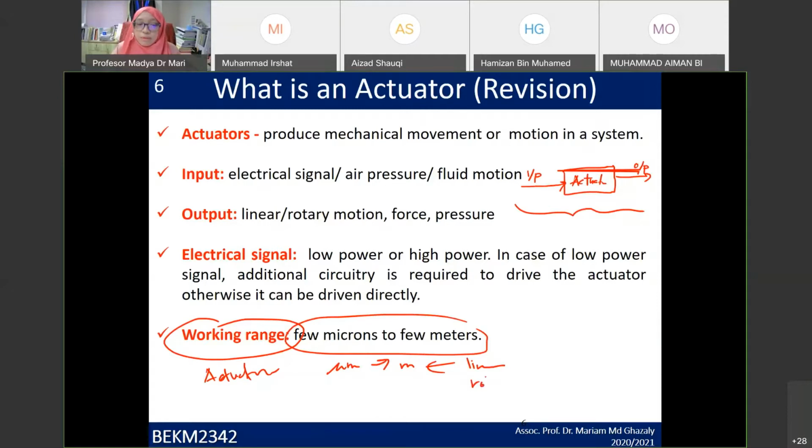If you want to talk about rotary motion, that is going to be in microdegree until degree.